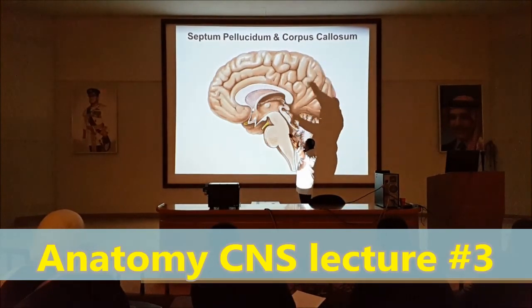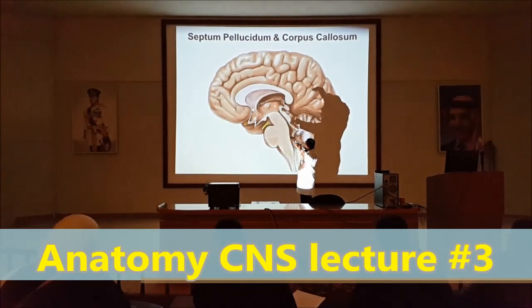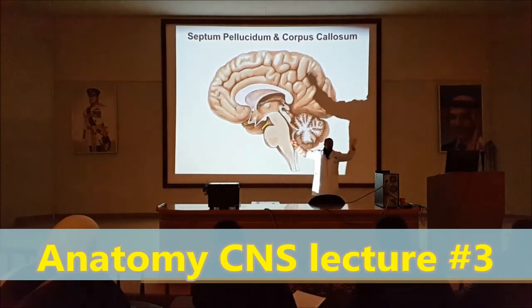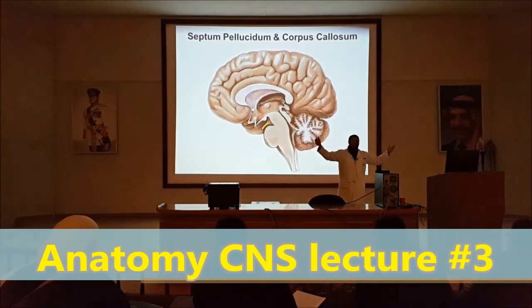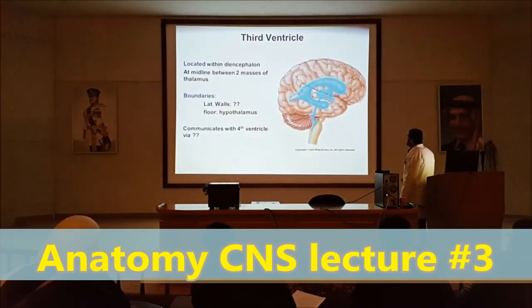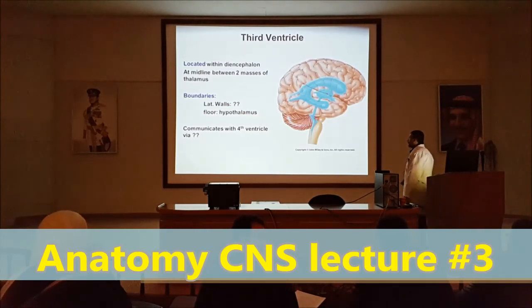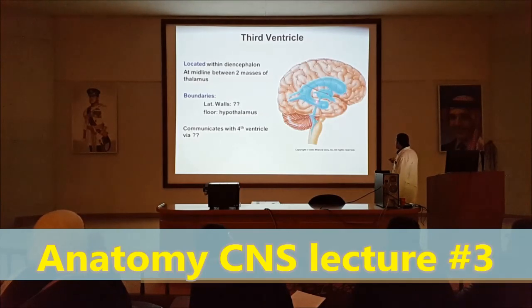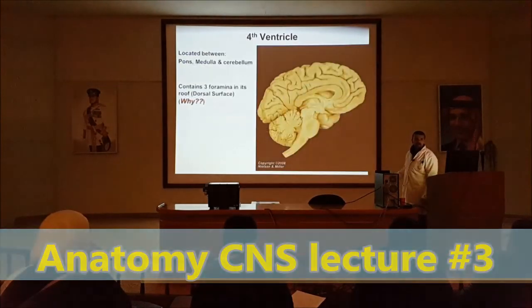What would its lateral walls be? This structure. What is this? Thalamus. Its lateral walls are the thalamus. Okay? So the thalamus is the lateral wall. The floor is hypothalamus. Okay? The floor is hypothalamus. It communicates with the fourth ventricle through this duct. What did we call it? Cerebral aqueduct. Okay?